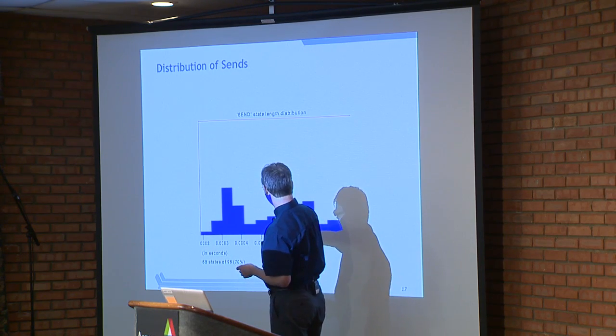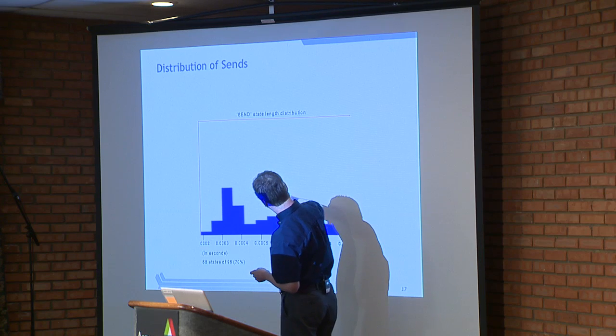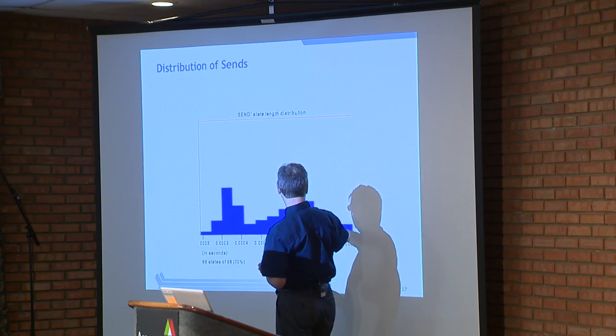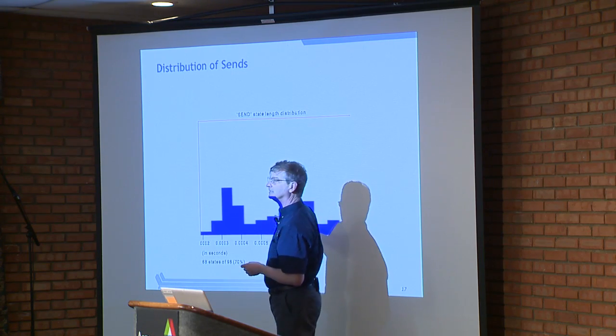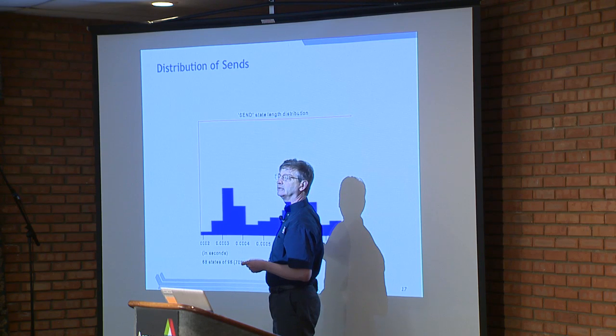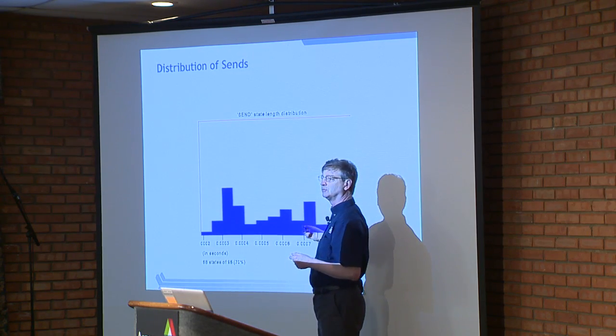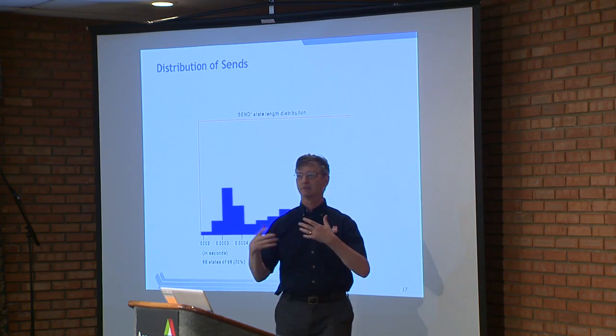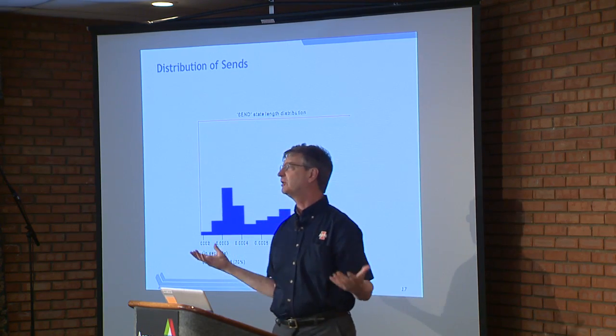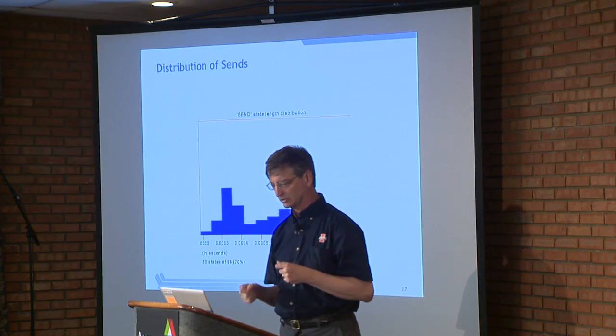At about 6 point something, there's another little hump, and there's another one a little bit out here. These are the ones where there were 2 processes sending in, and this is the one where for a bit of the time, 3 processes are sending to the same destination.